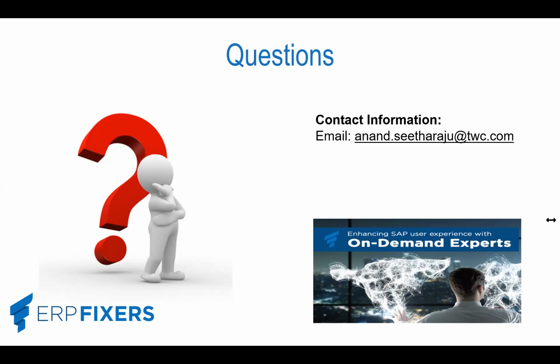Are characteristics and dimensions used interchangeably, or is there a difference? That's a good question. SAP uses characteristics and dimensions interchangeably. If you see the configuration, the word characteristics is being used, whereas if you see all the analytical reports, the system uses dimensions. Ideally, dimensions is the way to go forward.